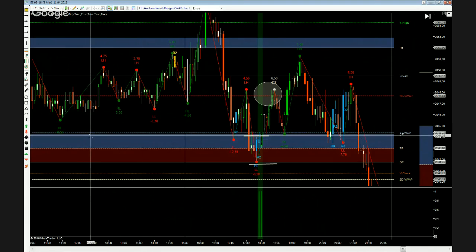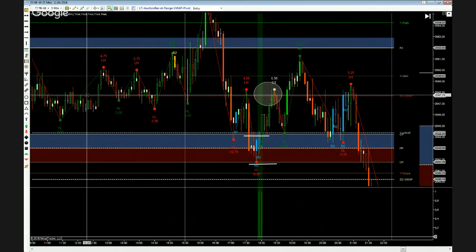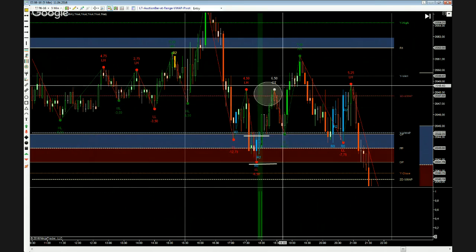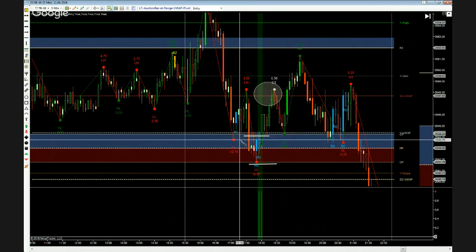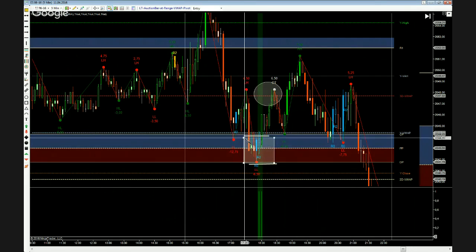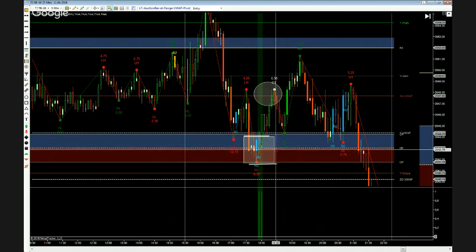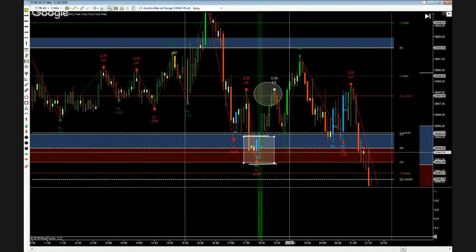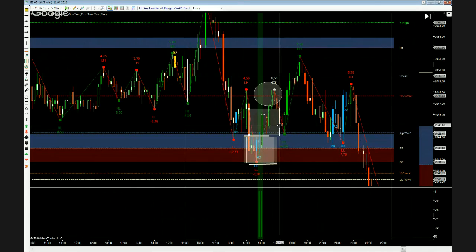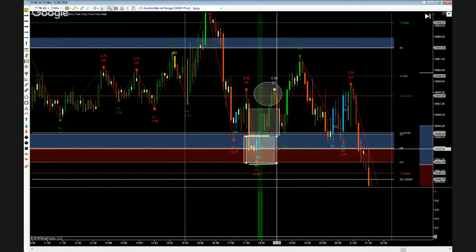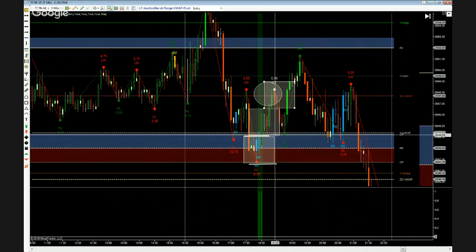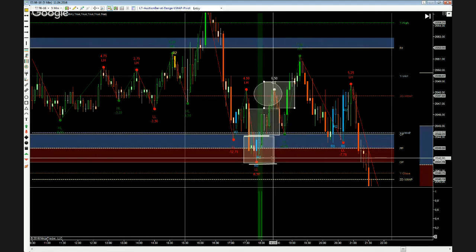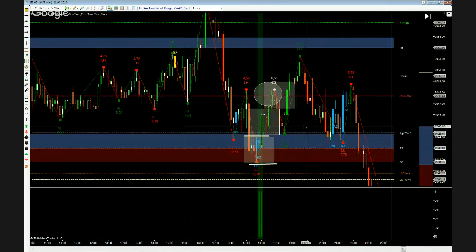And then the next logical profit level, as we can see here, is this Veve App level about 3 days ago. And let's just put these boxes in here to visualize our risk-reward ratio on this. So we have about a 1-to-1 to the first target and about a 1-to-3 to the second target.